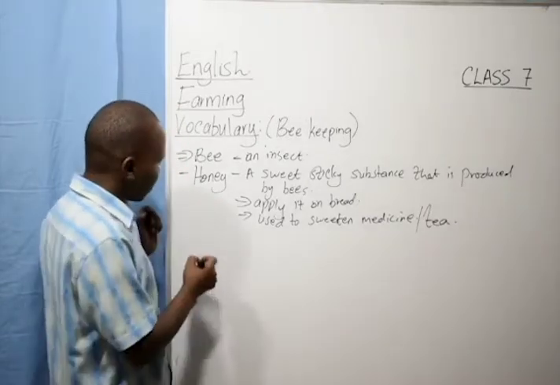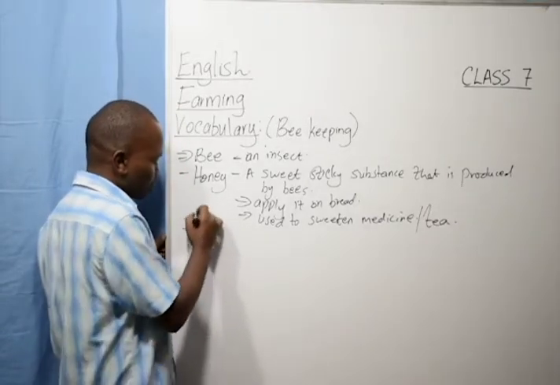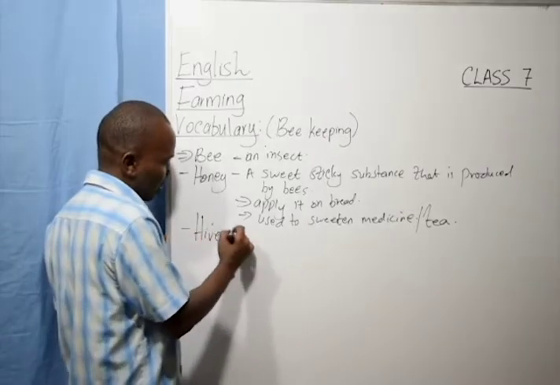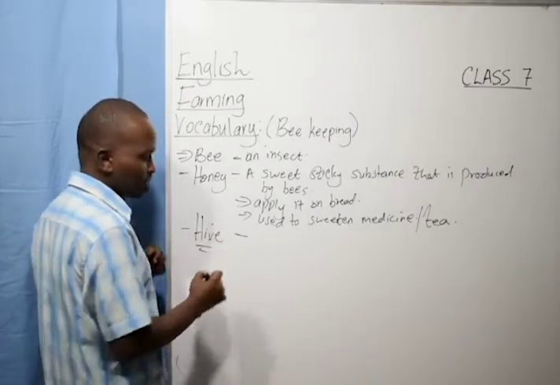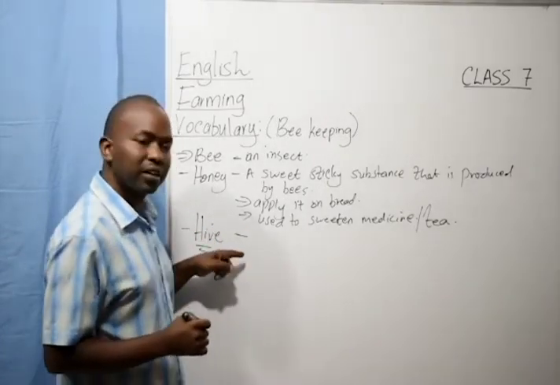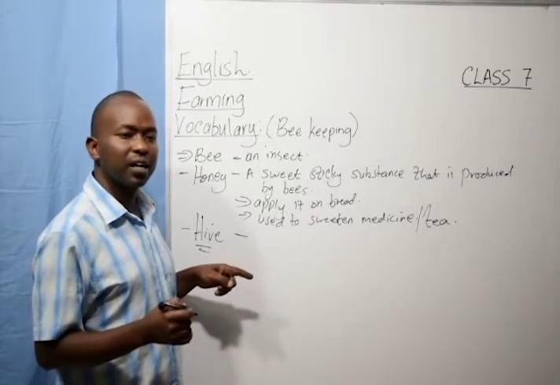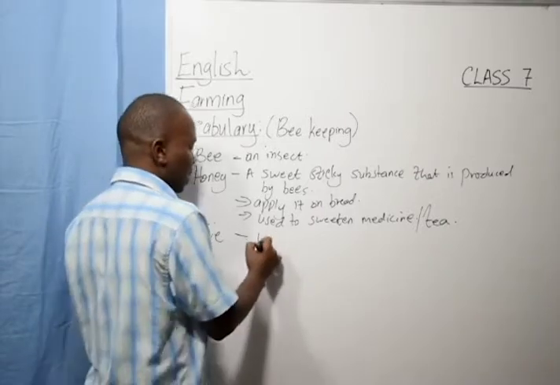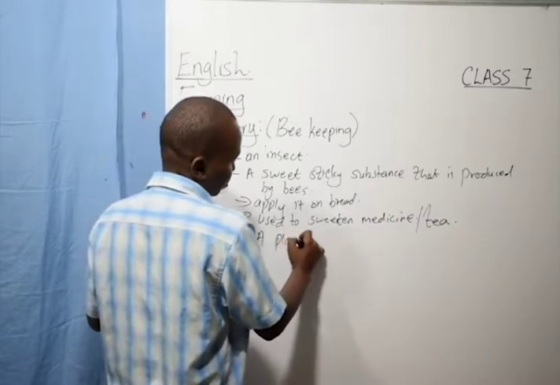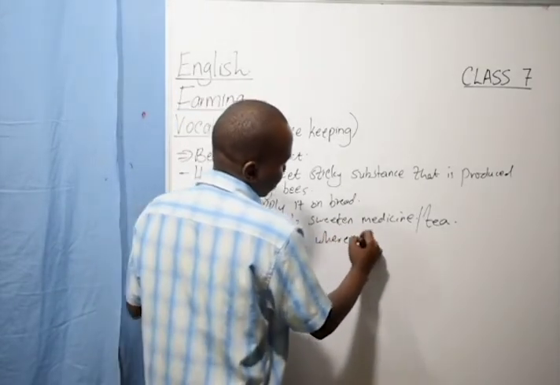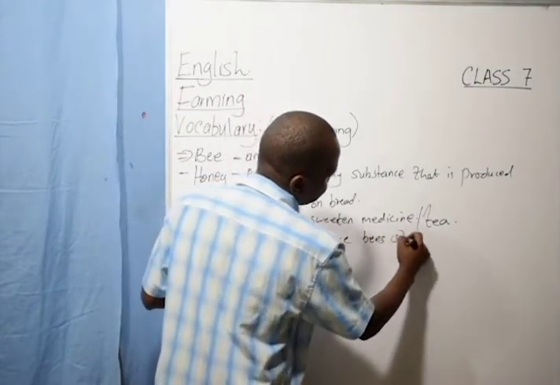Now, another vocabulary word that you're going to come across is the word hive. What is a hive? It's a place where bees stay.